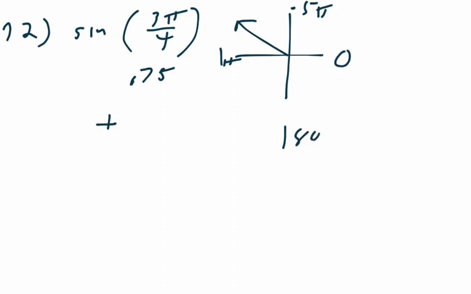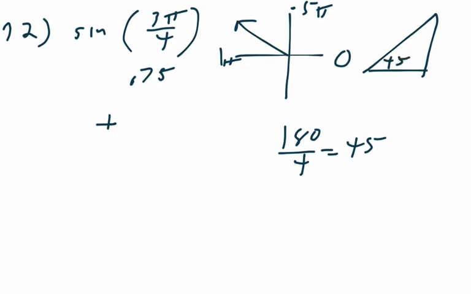Now, since 180 divided by 4 equals 45, I have my 45, 45, 90 triangle, which is 1, 1, and the square root of 2. Which means that opposite is over here, hypotenuse is right there, so I got 1 over the square root of 2.